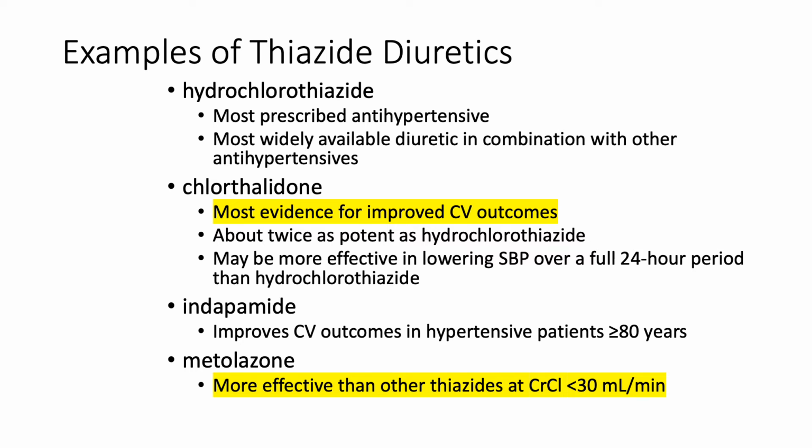And to be perfectly honest, I don't see this prescribed all that much, and I know the price is quite a bit more expensive than it is for hydrochlorothiazide, so I don't know if that's the difference or what. The metolazone is better for if the creatinine clearance is less than 30 milliliters per minute.